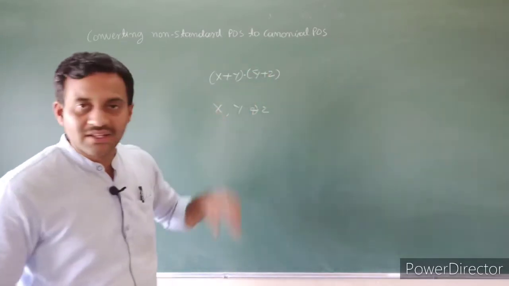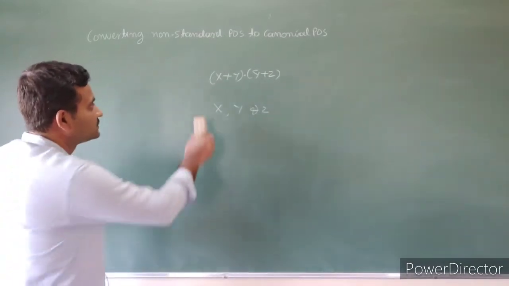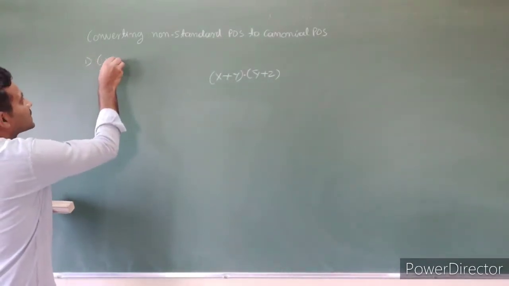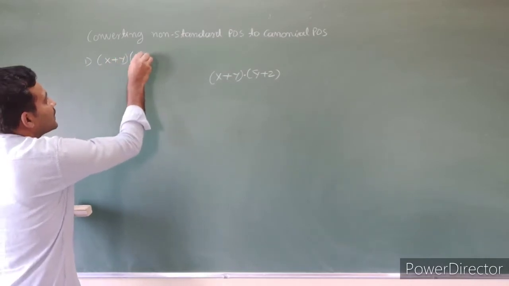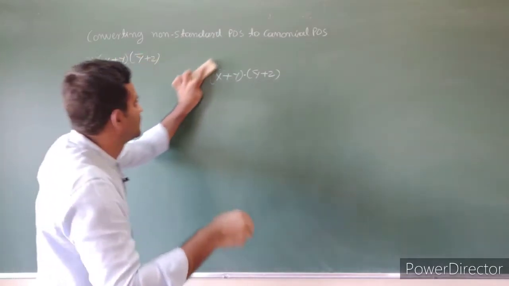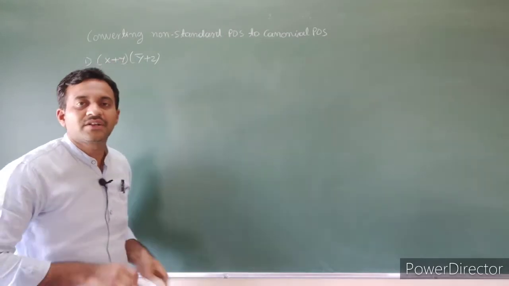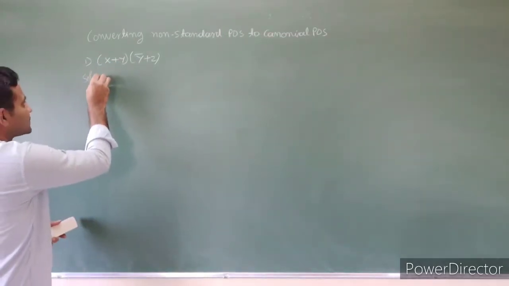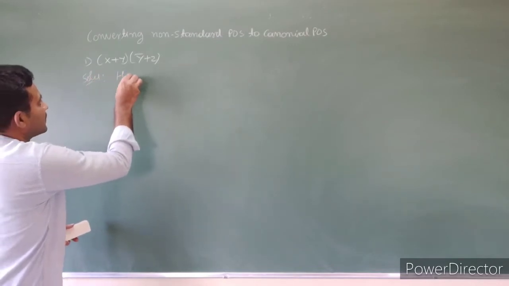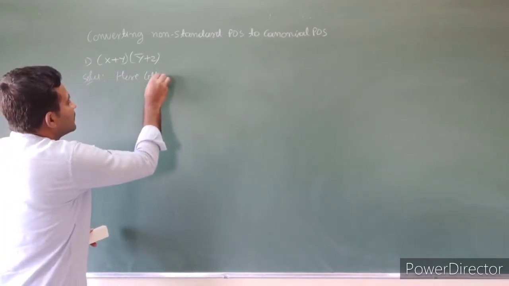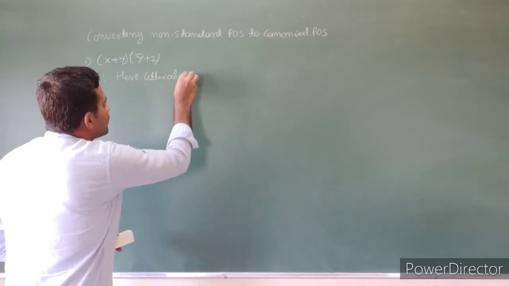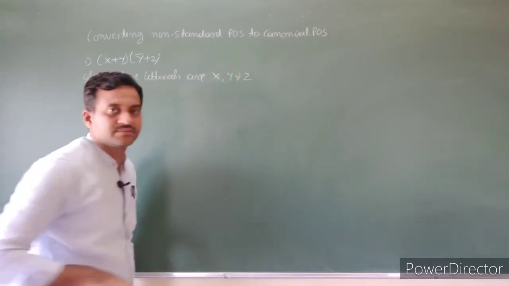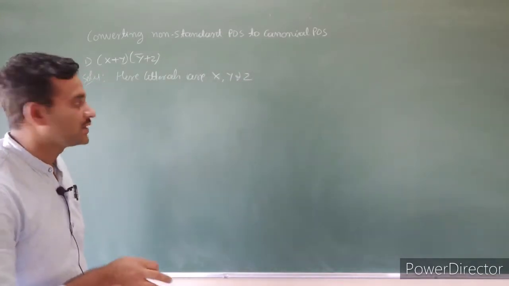For that, again consider the same example: (x plus y)(y bar plus z). It is not in canonical POS. How to convert? First identify the literals: x, y and z.